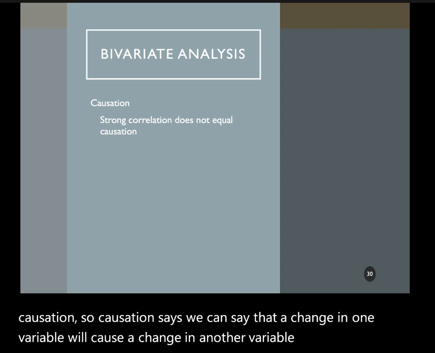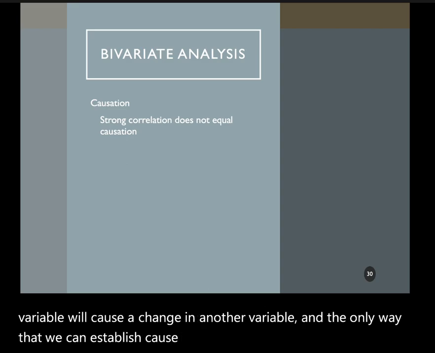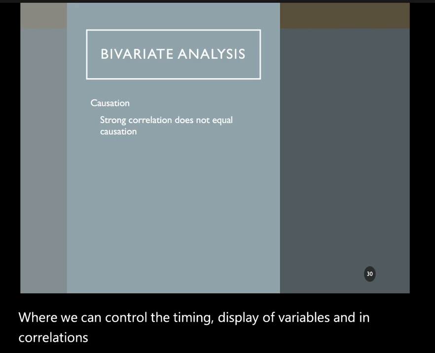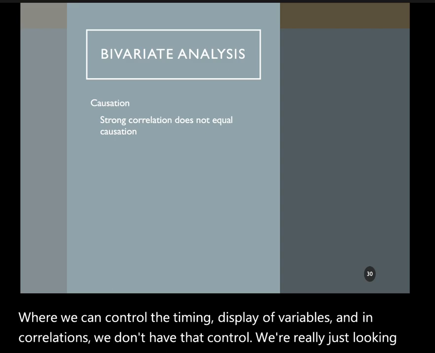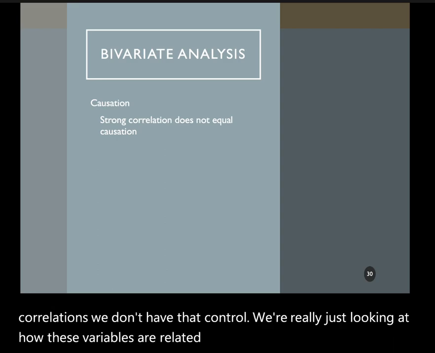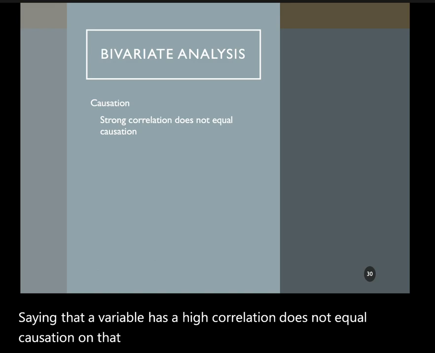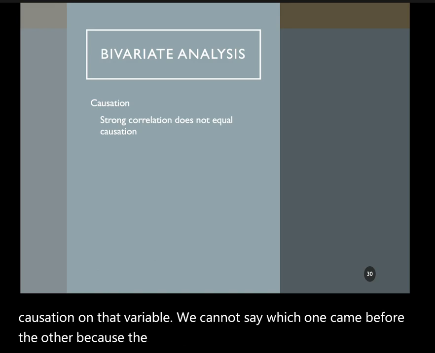The only way that we can establish causation is through an experiment where we can control the timing and display of variables. In correlations, we don't have that control. We're really just looking at how these variables are related to one another. And saying that a variable has a high correlation does not equal causation. We cannot say which one came before the other because the inverse could be true.